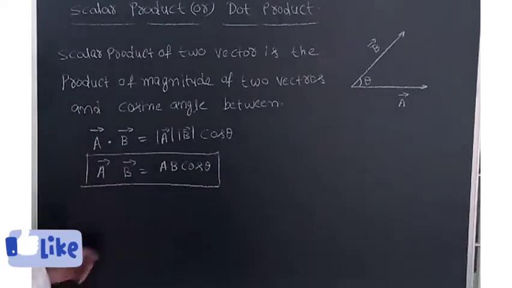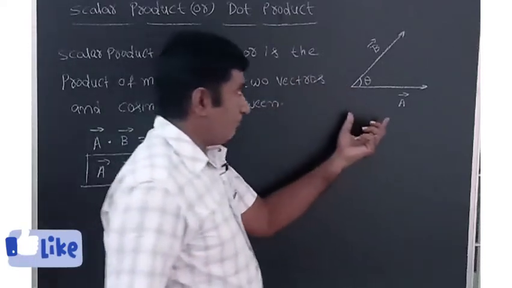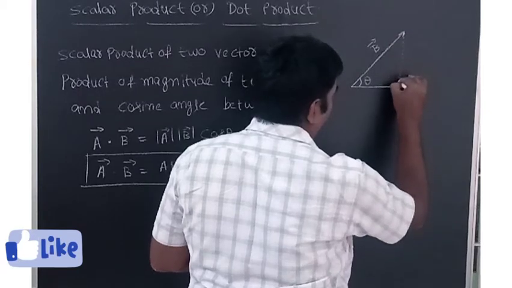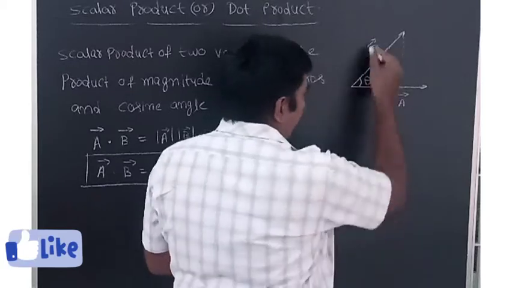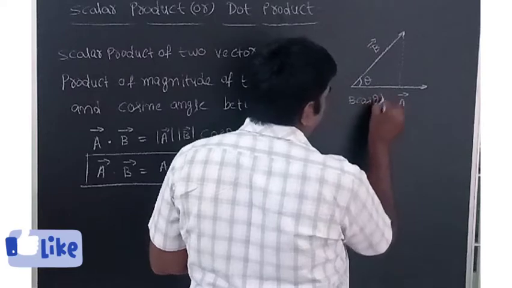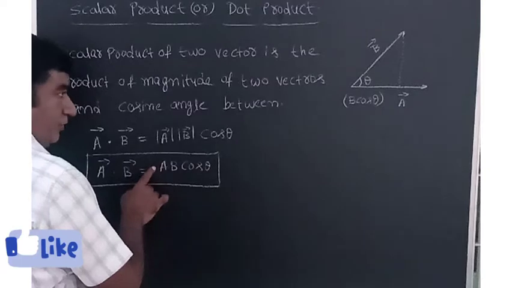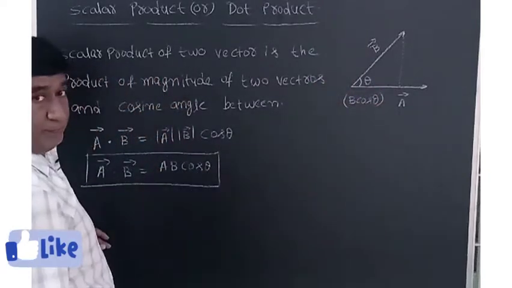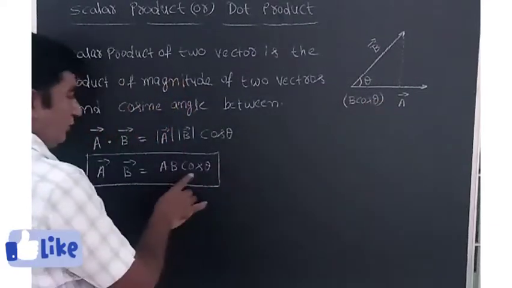In a simple manner, with the help of this diagram, if this is the B vector, we can resolve this into horizontal and vertical components. Here this component I can take as B cos theta. So the magnitude of A and then the component of B vector along A, which is B cos theta.